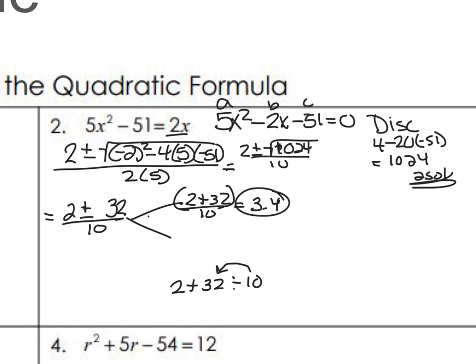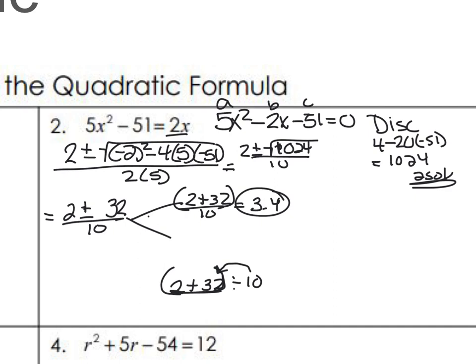I think you'd end up with like 4.2 or 6.2, 5.2, excuse me. So if you're going to do it, put the parentheses around it. You're dividing the sum by 10, okay? Or just put 2 plus 32, enter, then divide by 10. But hopefully you would know it's 34 divided by 10, which is 3.4.